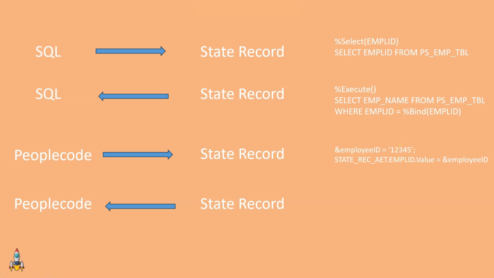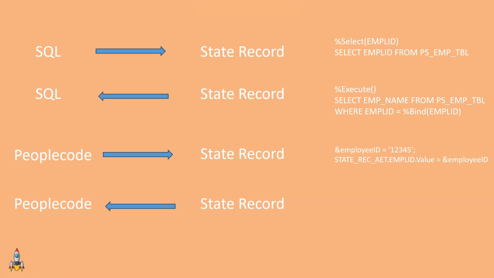And let's say we want to set the state record employee ID field equal to this employee ID. We can do this by using the record name, which is state_record.ed, dot field name, which is the employee ID, dot value equal to our required value.